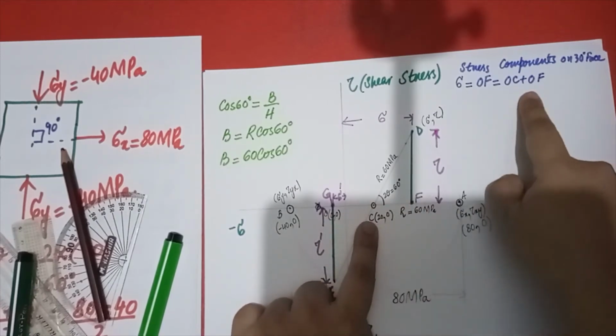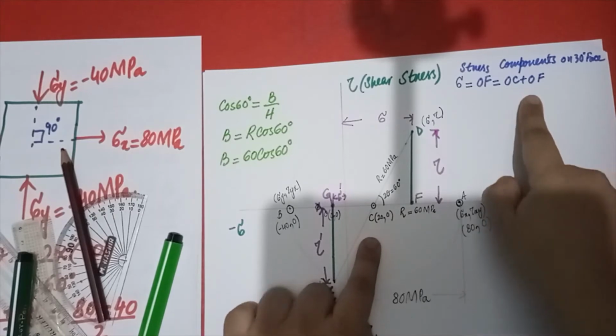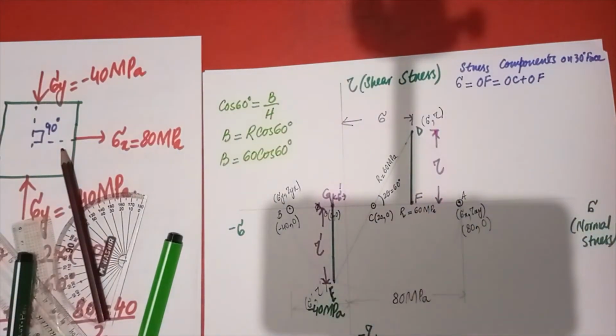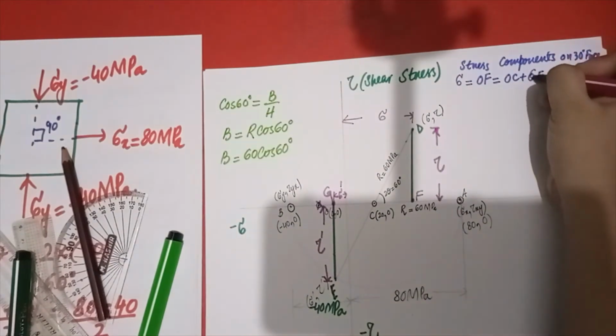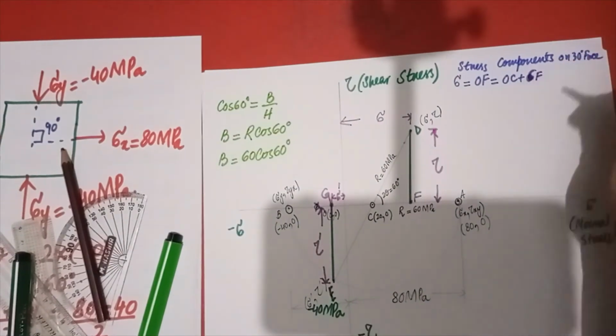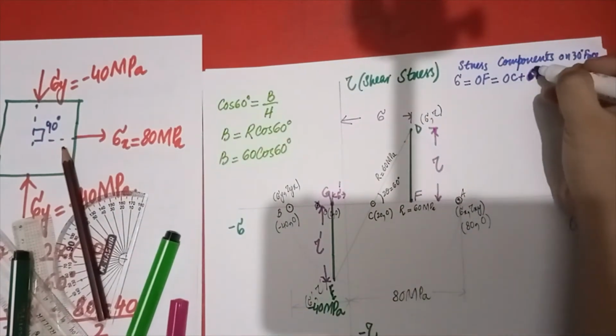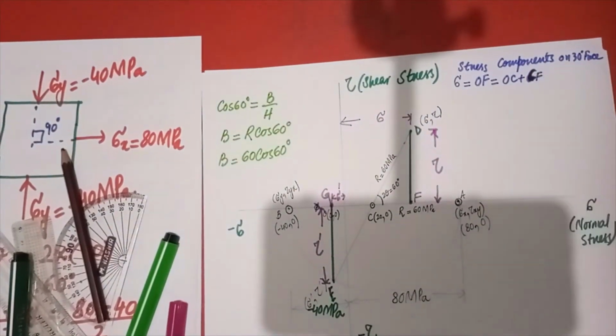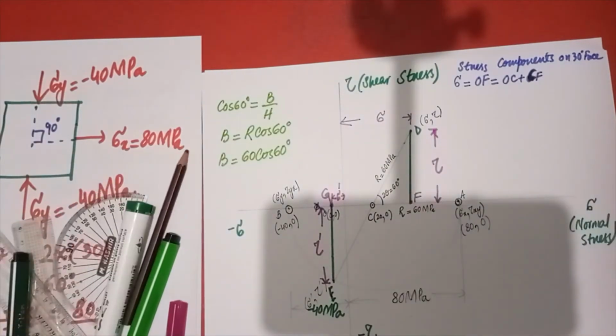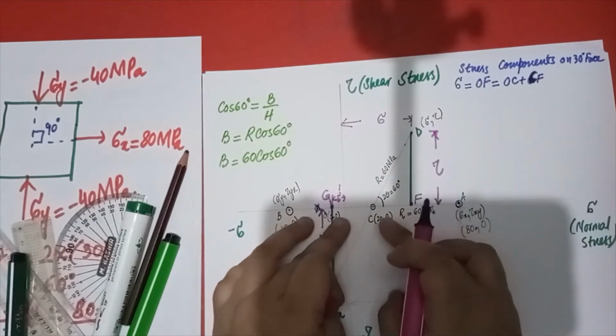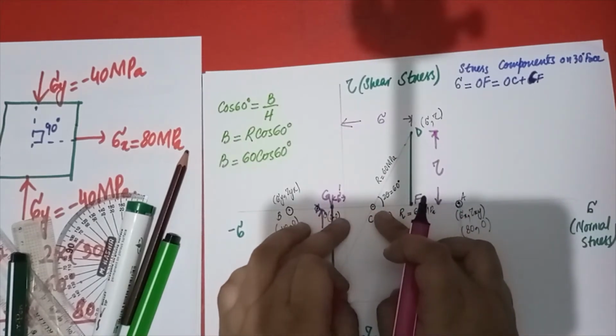So this is not OF, this is CF. So I should write CF here. When I add it, so it will be CF. So when this is CF, OC is what?